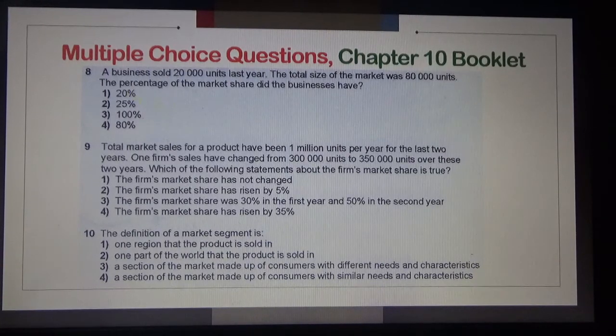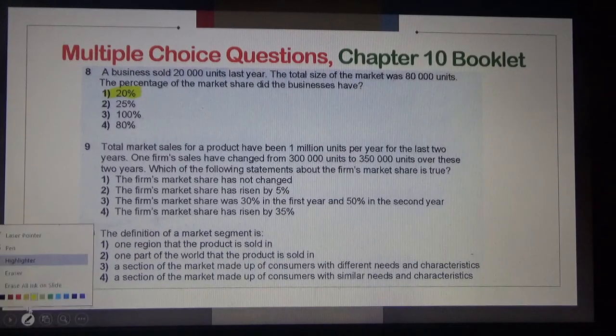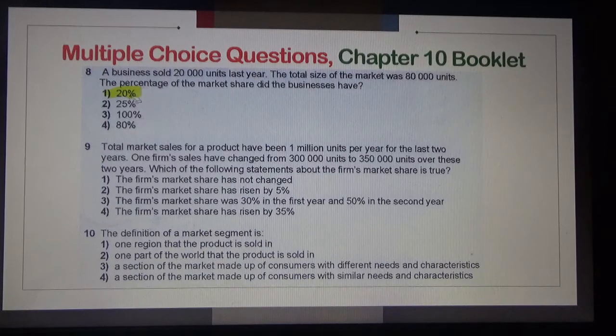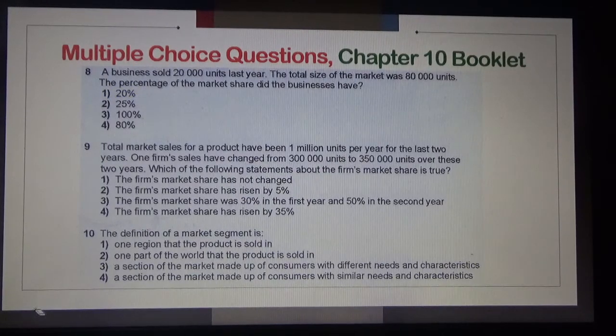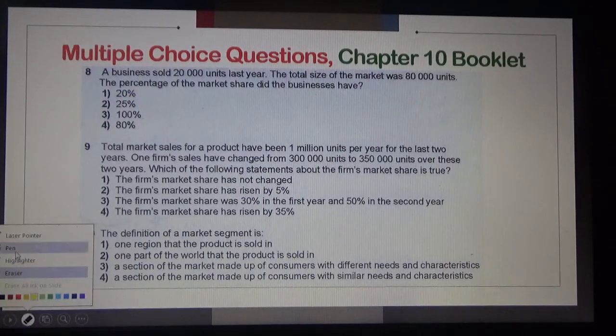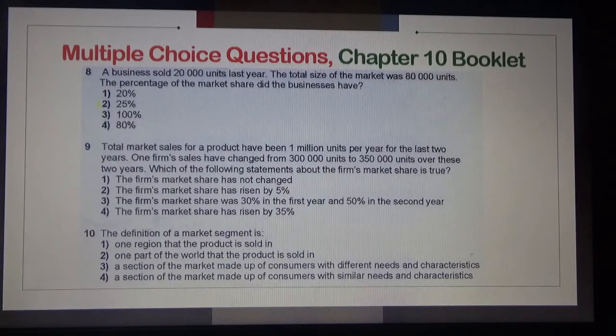It is 0.2 here. So we have 20%. Or no, it should be 25%, 1/4, right? So we have our answer, number 2. Okay, let's go to the next item, which is here, number 2. Number 8 is number 2.